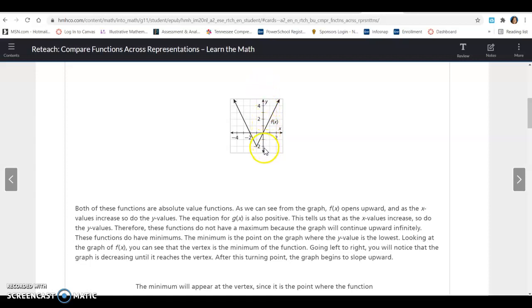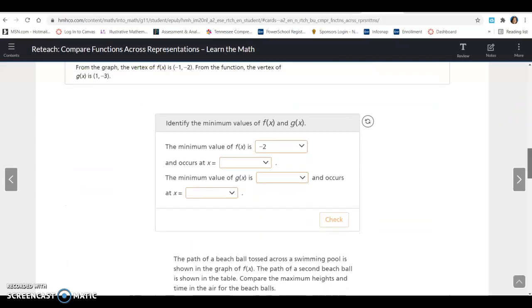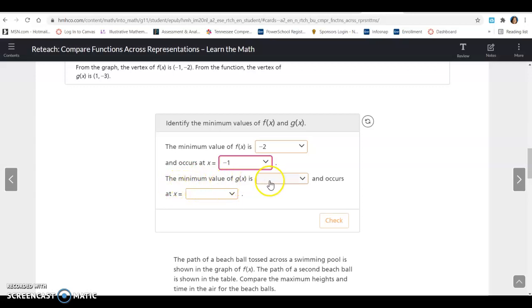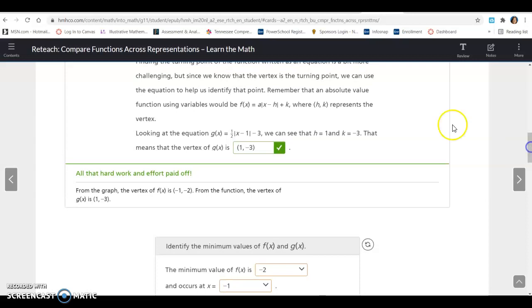So here y at -2 is the lowest point, that is your minimum value. And it occurs at what x value? It was at -1. Then it says the minimum value of g is, so what is the y value in g? That would be the k, which is -3.